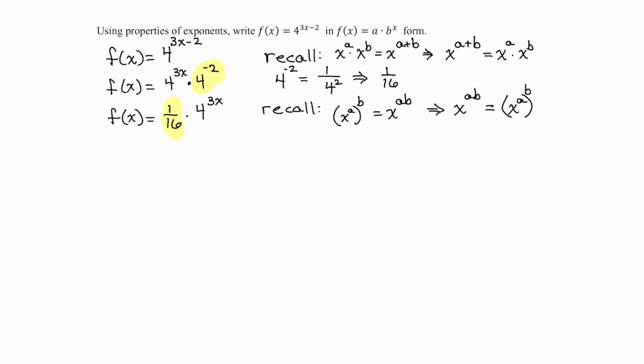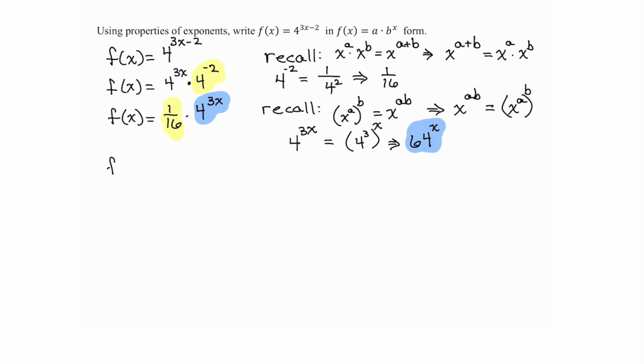And so that's the way we want to use that property here. So that means that our 4 to the 3x can be written as 4 to the third to the x. Well, 4 to the third is 4 times 4 times 4, or 64. So this gives me 64 to the x power. So now I have the replacement for my 4 to the 3x will be 64 to the x.